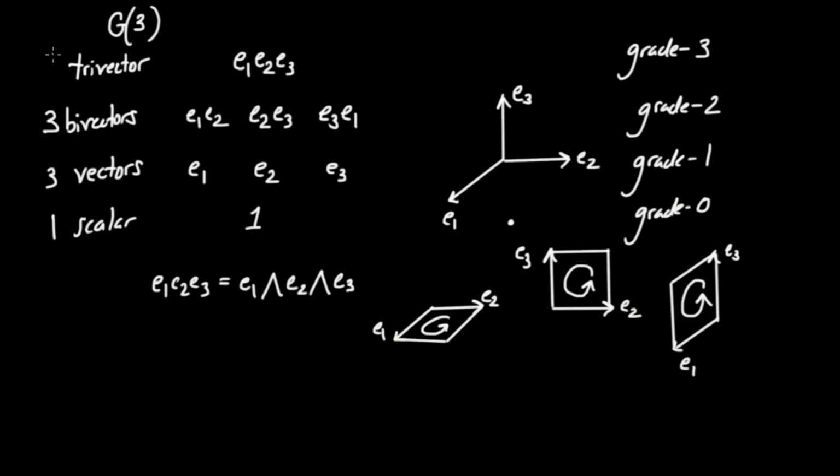And we're actually going to have but 1 trivector in G3. So we can see we have actually all the basis elements we need. We have 1 scalar, 3 vectors, 3 bivectors, and 1 trivector. So again, as an abstract vector space, the dimension of G3 is going to be 8-dimensional because we have 8 basis elements.